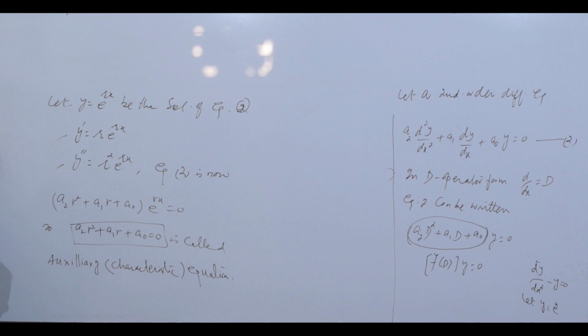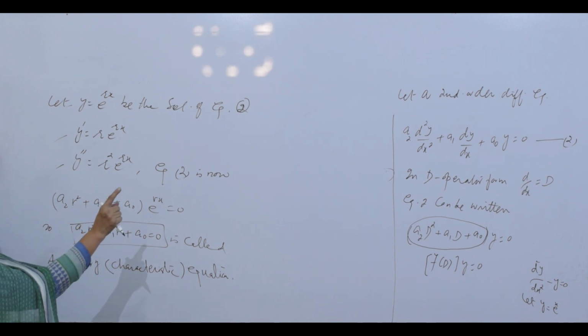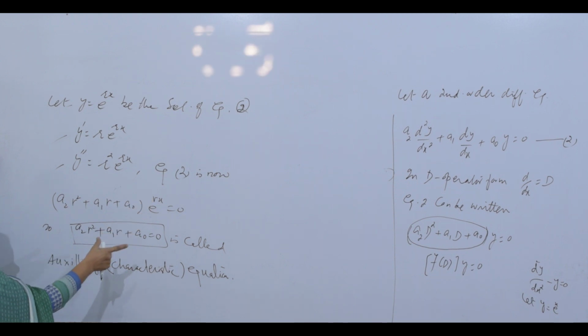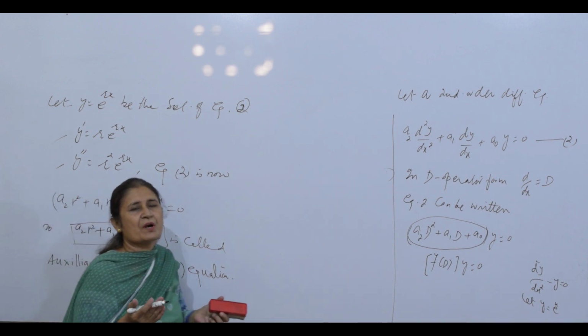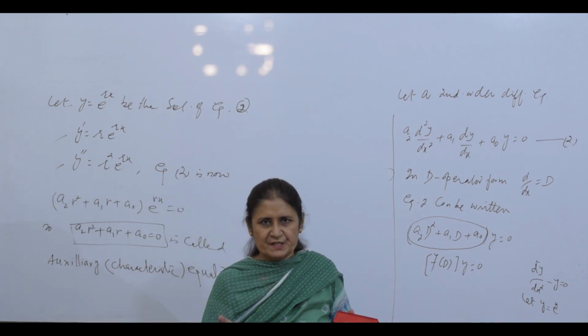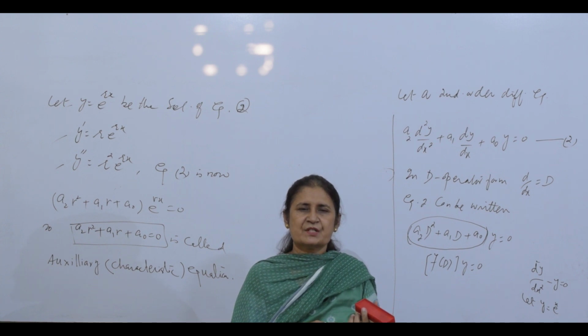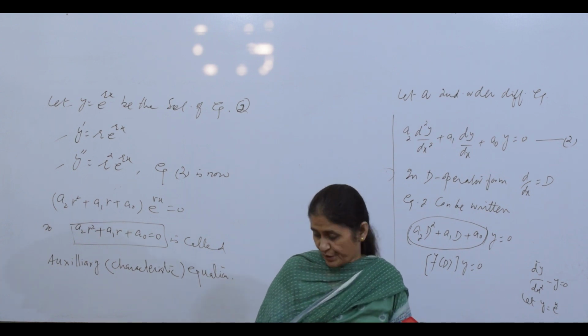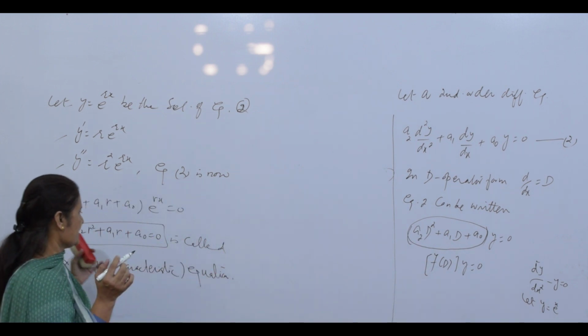So each time you solve a second order homogeneous differential equation, we have a quadratic in r. Once you are solving a quadratic equation, there are three possibilities: the roots are real distinct, the roots are real repeated, or they are complex conjugate. So let me discuss three cases.